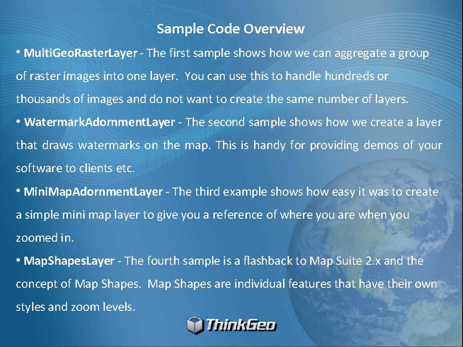The next one is the MiniMap adornment layer, and this really shows how easy it is to create a simple MiniMap layer, so you can provide a reference to your users when they're zoomed in really close, giving them a reference of where they are in the world. You'll see that this is fairly easy, and in fact we're going to be coming out with an officially supported MiniMap not too long from now.